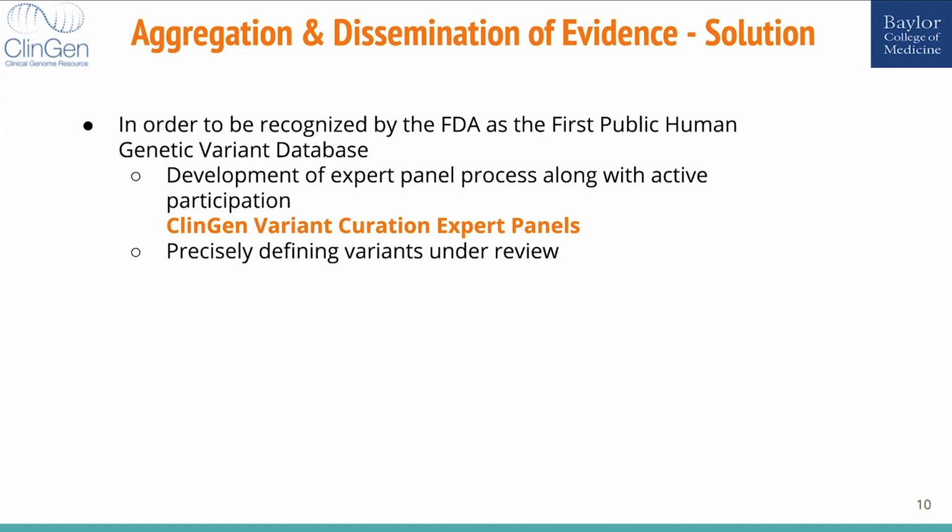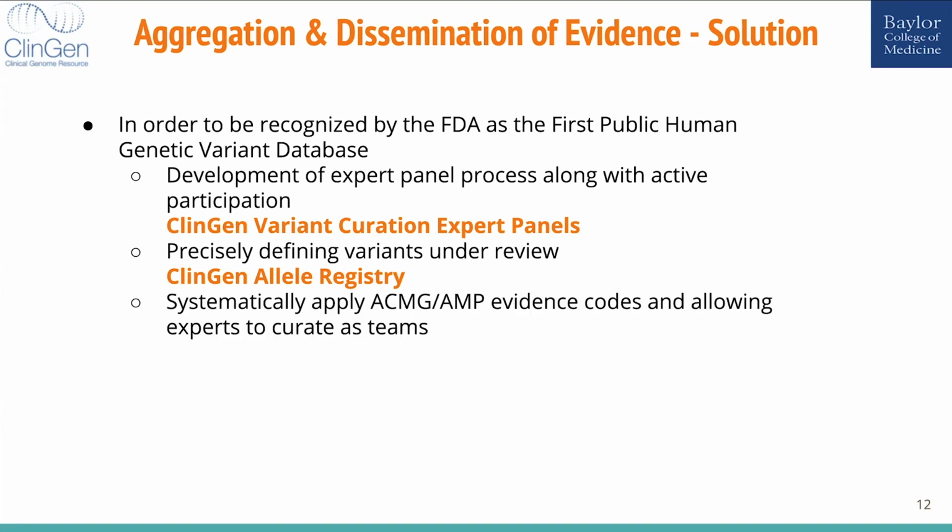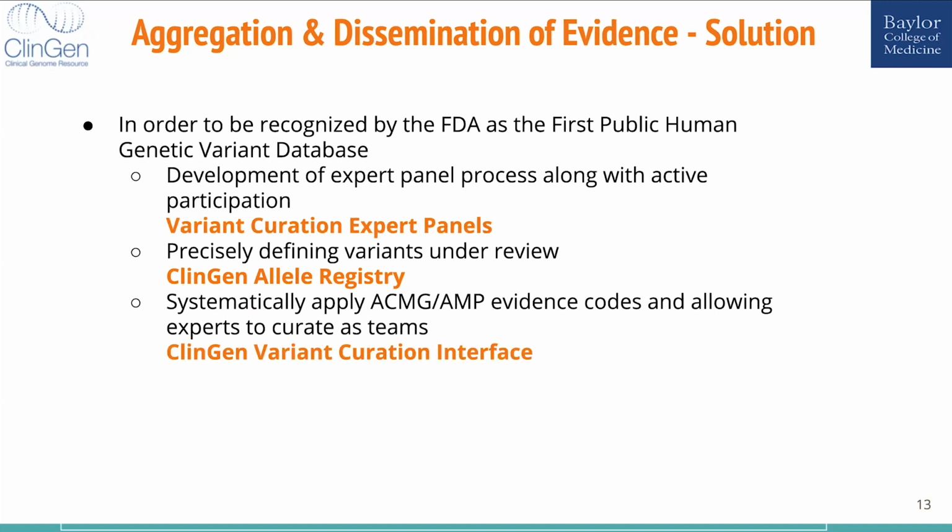Precisely defining variants under review, that's where the ClinGen Allele Registry comes into play. The Allele Registry provides real-time creation of universal IDs for variants, meaning a given variant can be uniquely referenced by an ID. And systematically applying ACMG AMP evidence codes and allowing experts to curate as teams is provided by the ClinGen Variant Curation Interface.